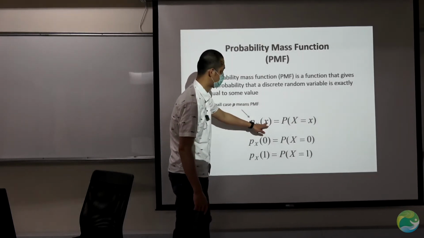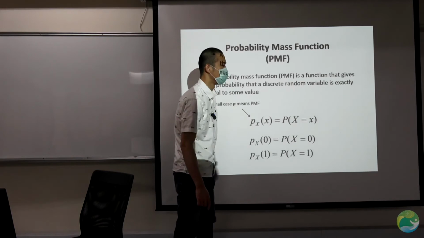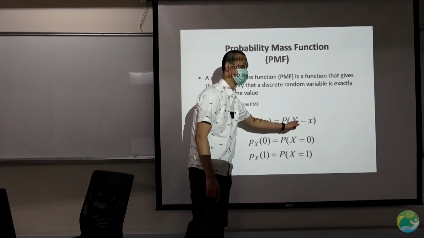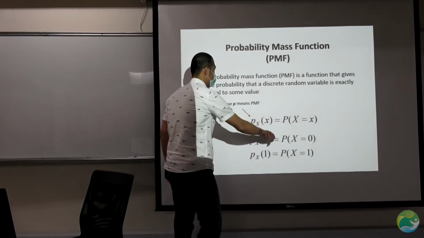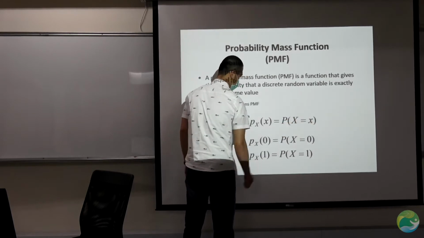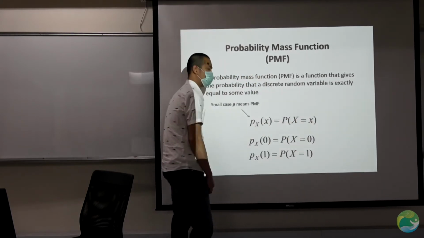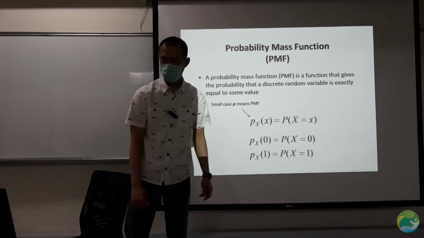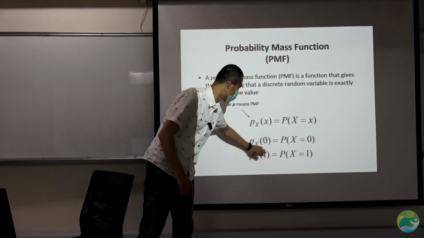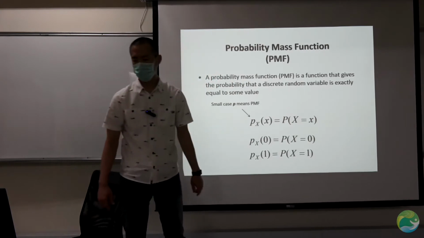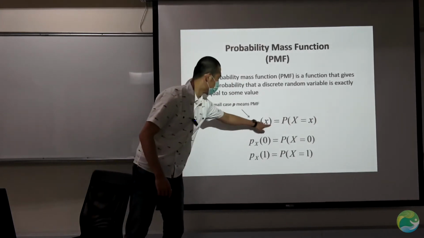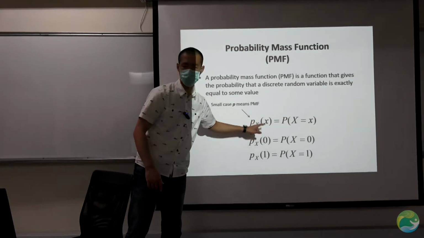X is the outcome. Bigger case means this variable is a random variable. This x can equal, for example, 0 or 1. These are discrete variables, right? And then what is the probability? We call this function a PMF.